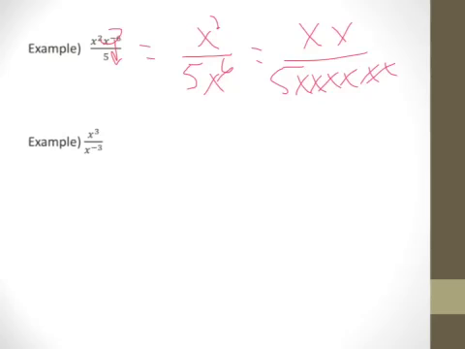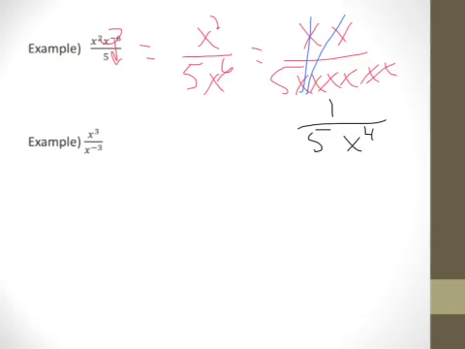So you look to cancel out the x's. I don't have anything left on top, so you just put a 1 to hold the spot. Your 5 stays, and I have 1, 2, 3, 4 x's left. So that'd be x to the 4th.